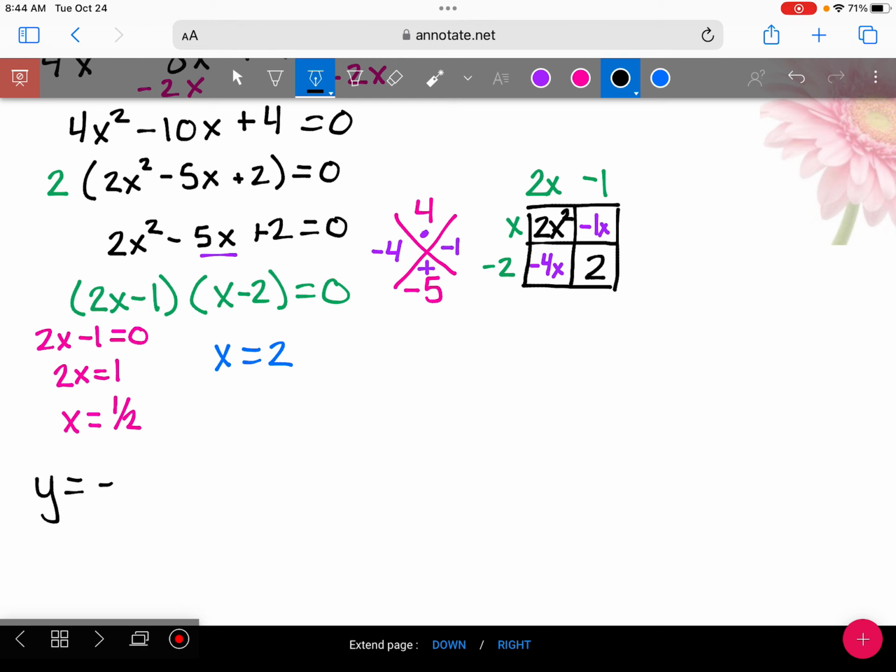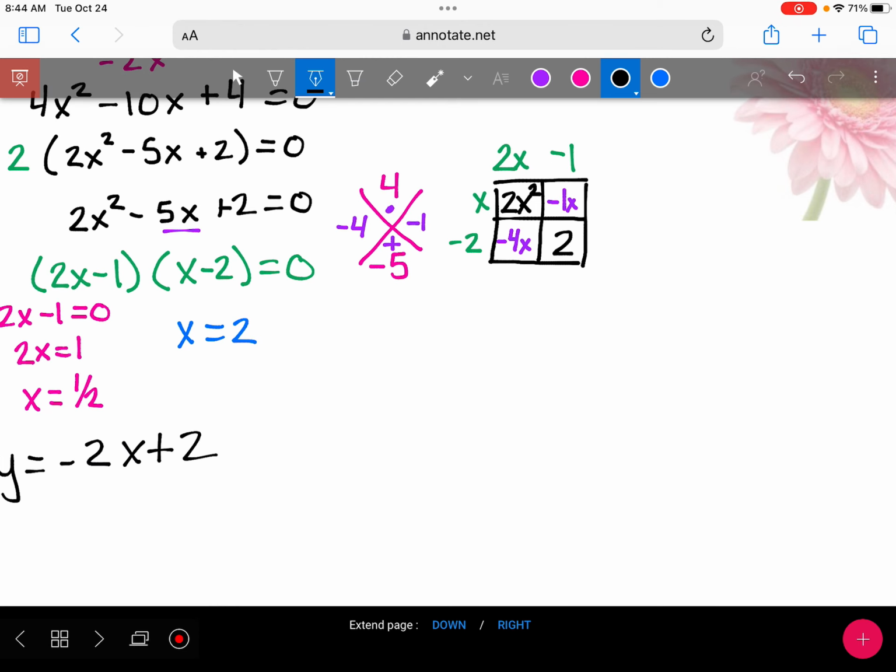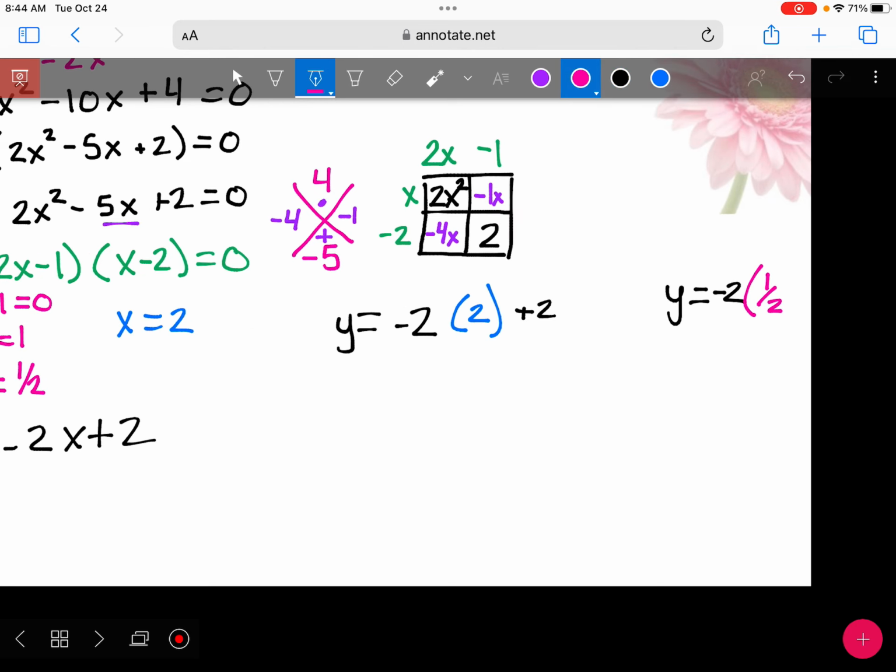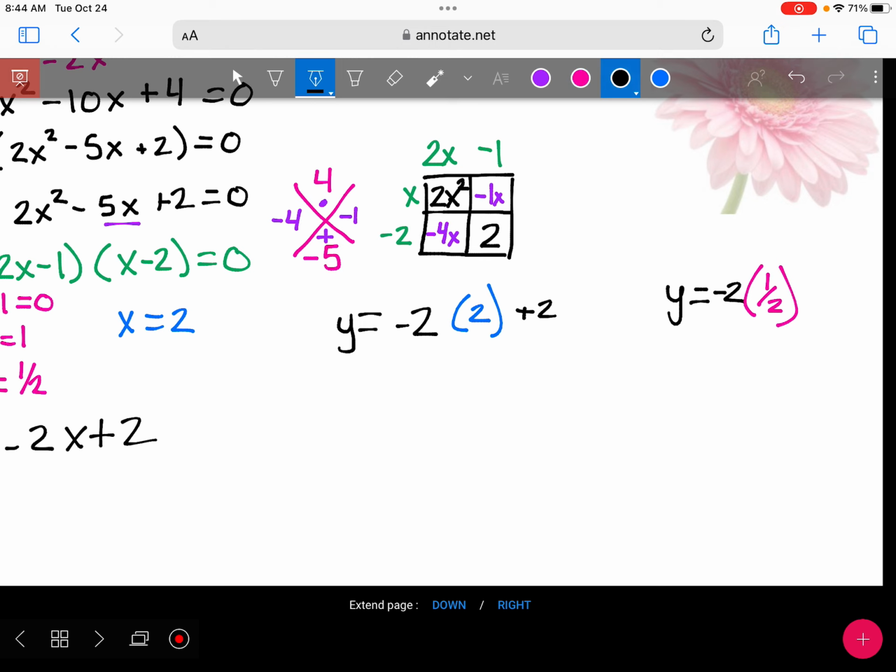I'm just rewriting it down here so I can see it. And we're going to substitute in our x values. Y equals minus 2 times 2 plus 2, and y equals negative 2 times 1/2 plus 2. Substitute in both values.